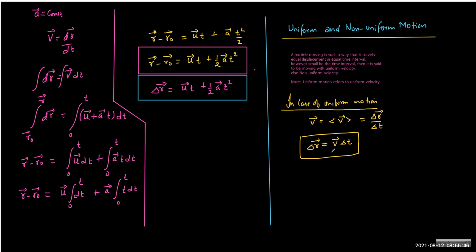Now you must understand that the class 6 formula s equals vt is only valid when v is constant. Then you can write like this. Else you cannot write like this. That's the idea. So delta r is v delta t, and this is the case of uniform motion.